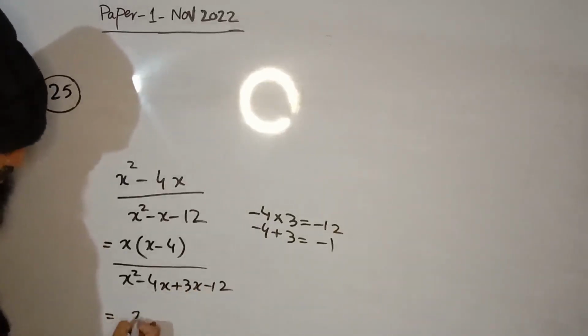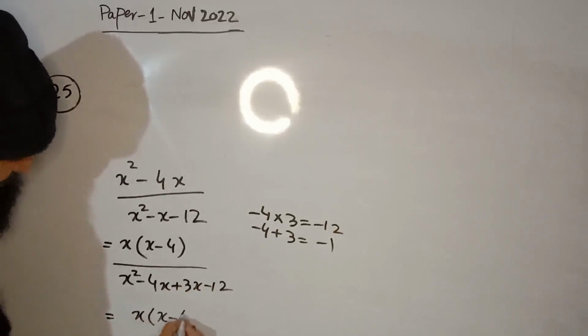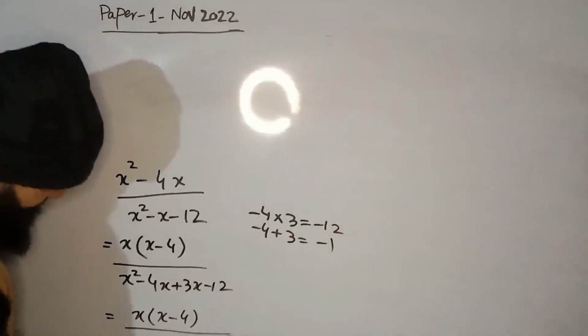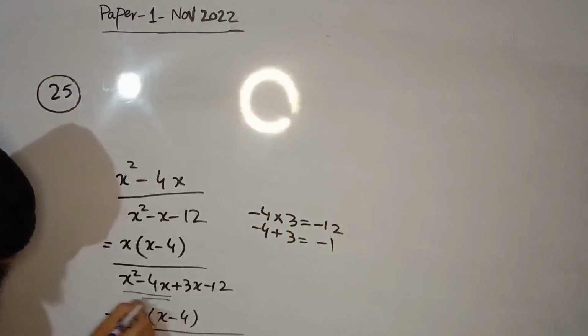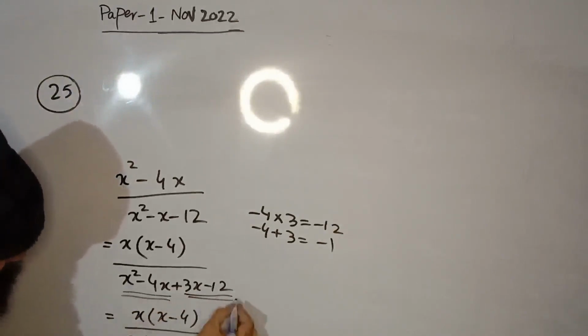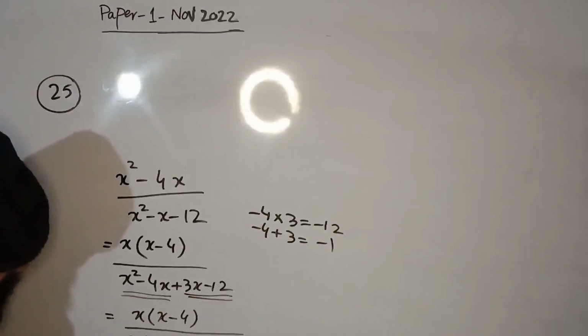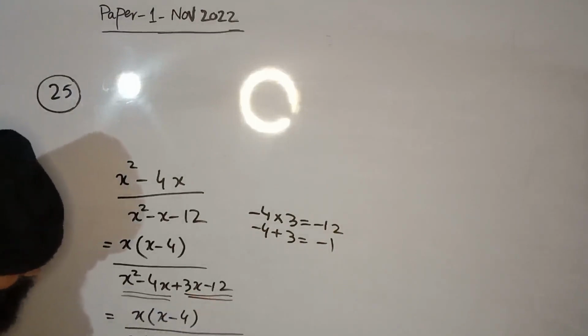So this will be equal to x into x minus 4 divided by, we take x common, so we get x minus 4 from these two. Similarly, we take 3 common from these two, plus 3 is common, 3x divided by 3 is x, minus 3 fours are 12, so it is 4.